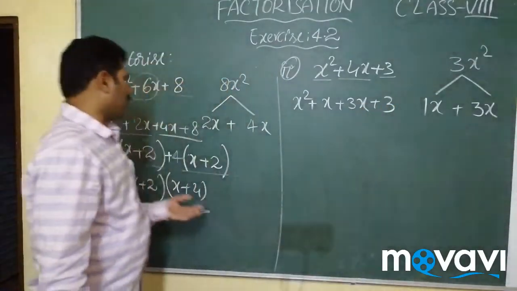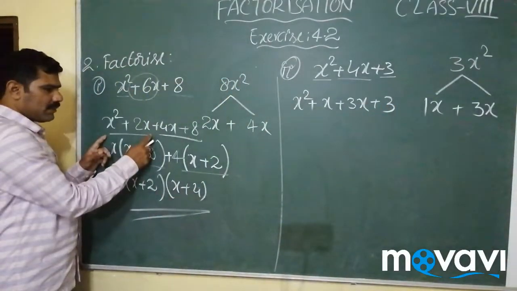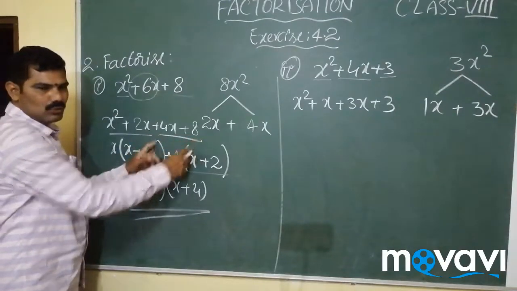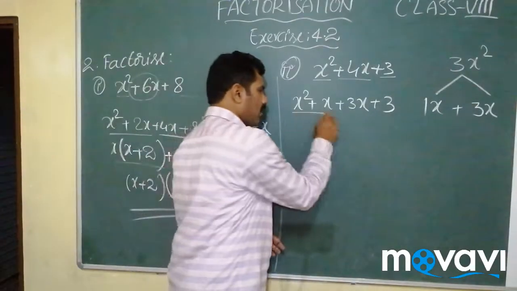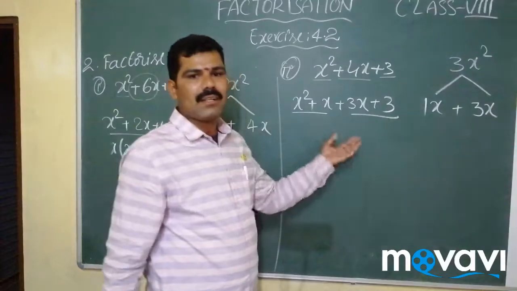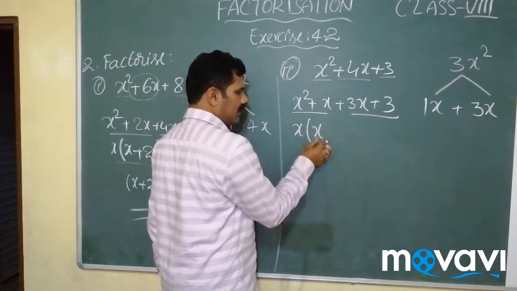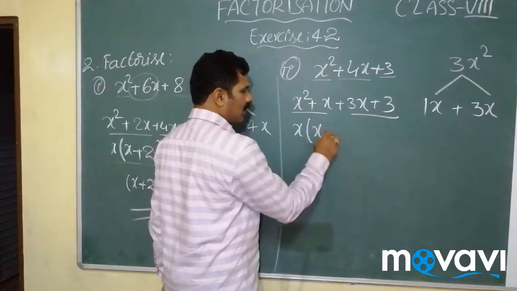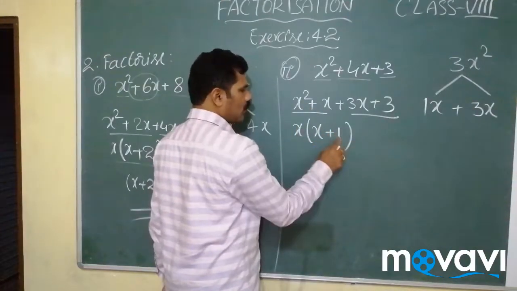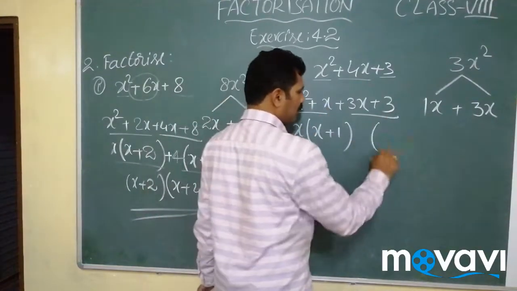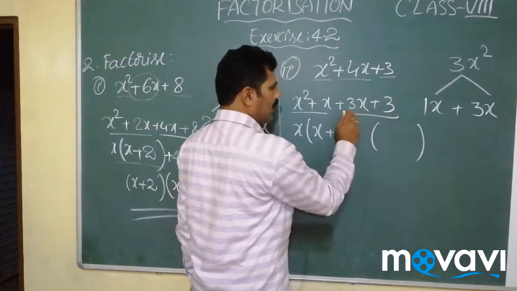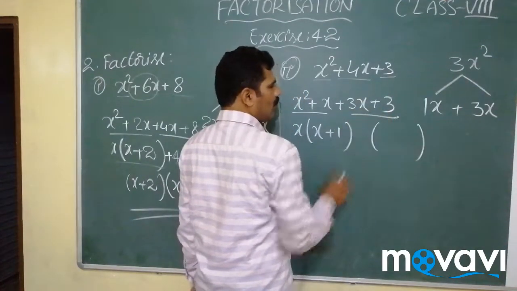So as usual, what we have done here, we have grouped the first 2 terms and the last 2 terms. I am going to do the same here and taking x common. So if I take x common here, x into x square plus 1, x into 1 is x. Now here, see, I am having 3 as the common factor for both the terms.